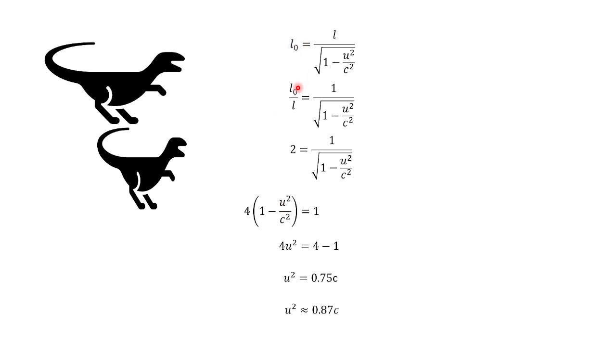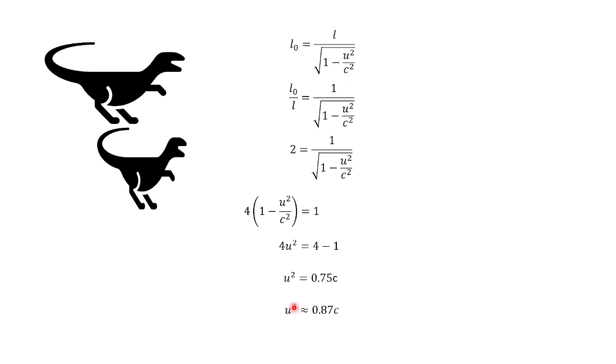So we have here L naught over L would be 2. And we're left with the Lorentz factor on the right hand side. Then we square both sides. After, you have to multiply by 1 over gamma for both sides. And then you square here. Then we're left with, sorry, this should be the square root already of u.